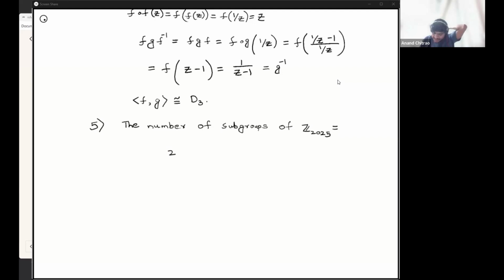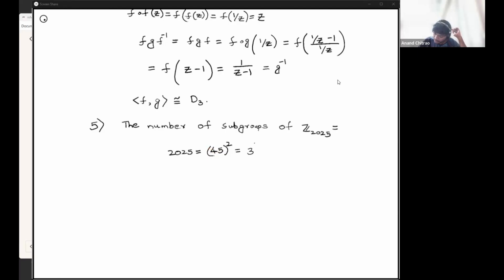So the point is, for 2025 you have to write down its prime factors. The beauty of this year is that 2025 is 45 squared, and 45 turns out to be a triangular number: 1 plus 2 plus dot dot dot till 9. It's really beautiful. And 45 is 5 times 3 squared.